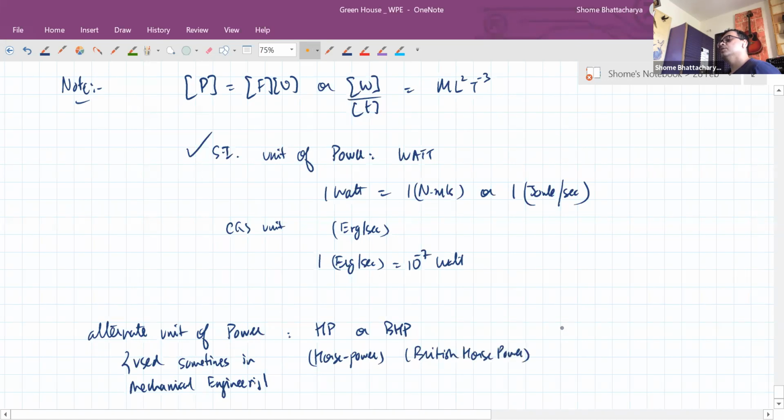Both the names refer to the same unit. Now, 1 horsepower or British horsepower is approximately equal to 746 watts.